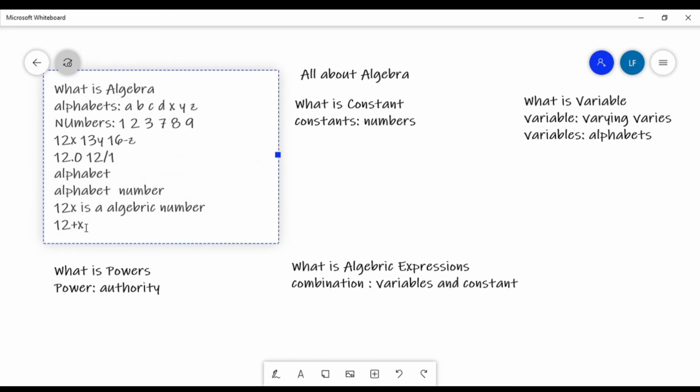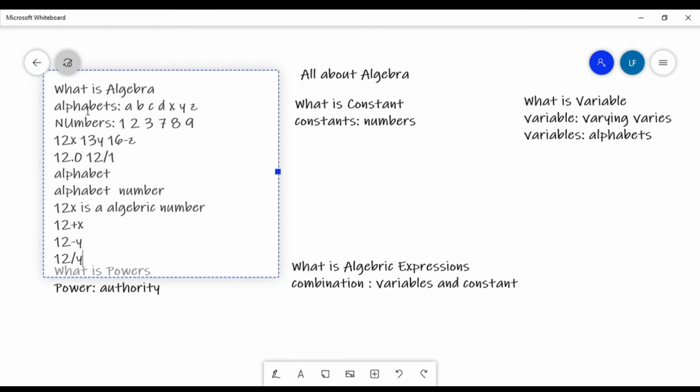But if we consider 12 as one number and x as another number, we can say that x is the variable, the alphabet, and 12 is a number. The same thing goes for 12 minus y, but this does not apply to 12 divided by y.